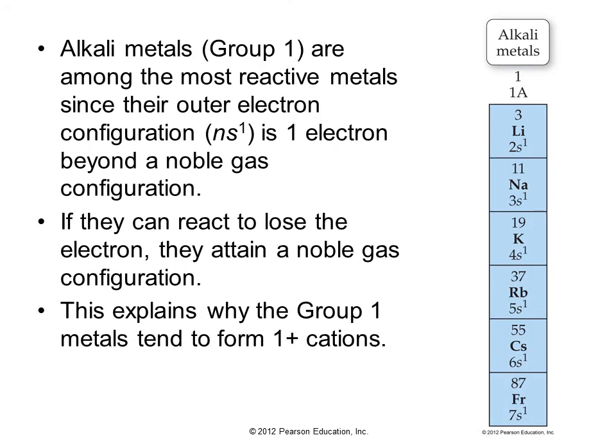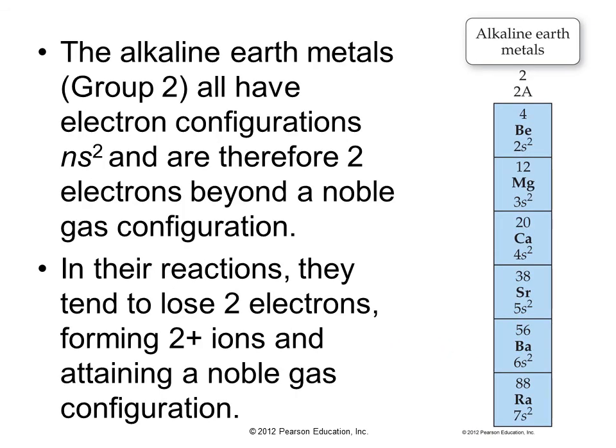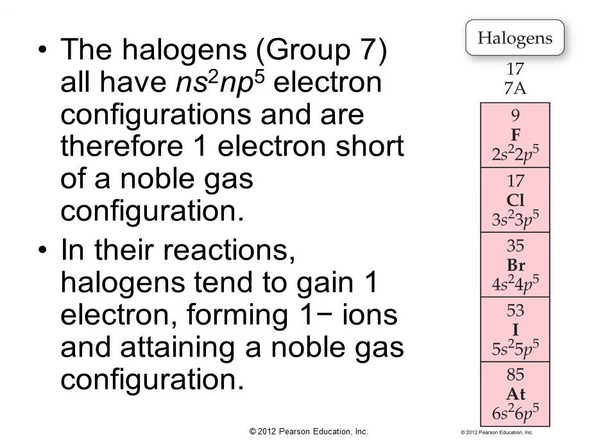The alkali metals, group 1, are the most reactive metals because they only would like to give away that one outer electron. And when they lose that electron, they obtain a noble gas configuration. So that's why group 1 metals tend to form a +1 valence. The alkaline earth metals, group 2A, like to give away 2 to attain their noble gas configuration.